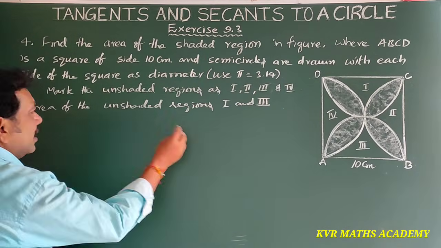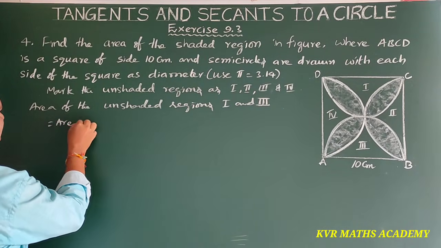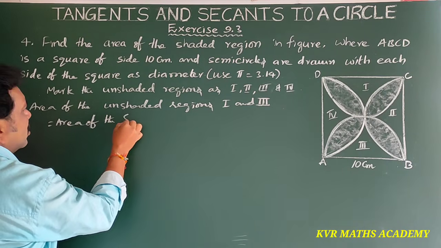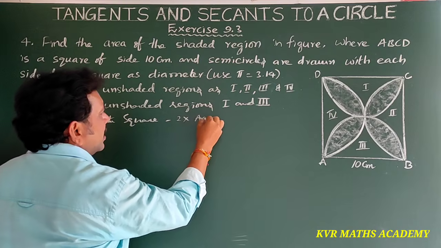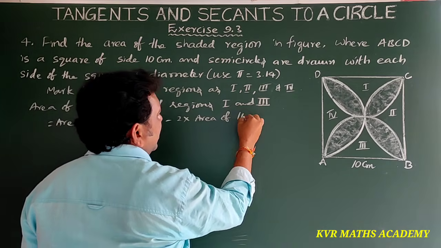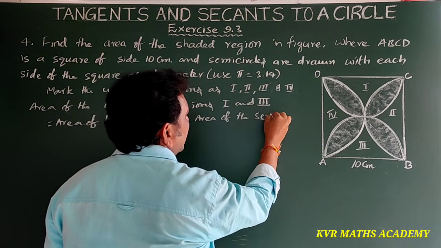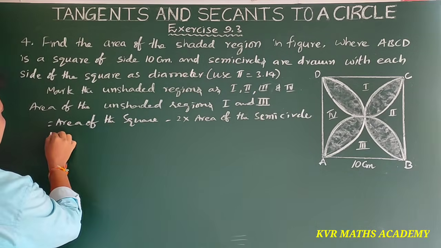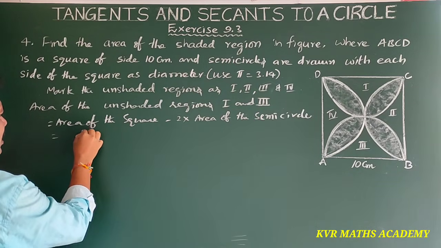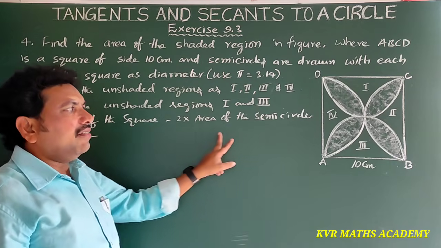Yes. And 1 and 3 is equal to area of the square minus 2 into area of the semicircles. Right? Area of the square is a square, the formula.